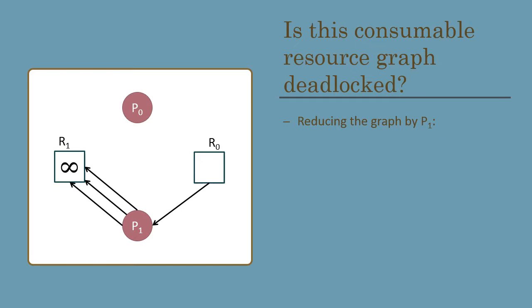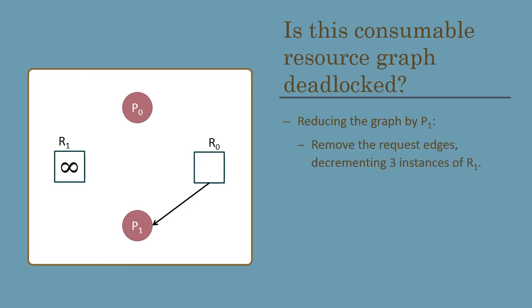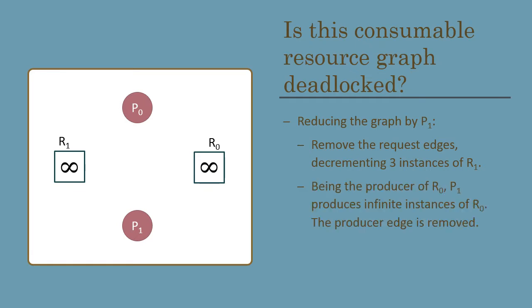Reducing the graph by P1. Remove the request edges, decrementing 3 instances of R1. Infinity minus 3 is infinity. Being the producer of R0, P1 produces infinite instances of R0 and the producer edge is removed.